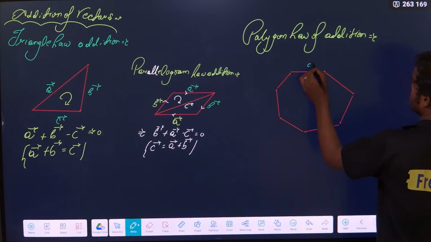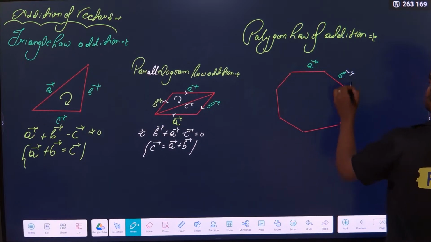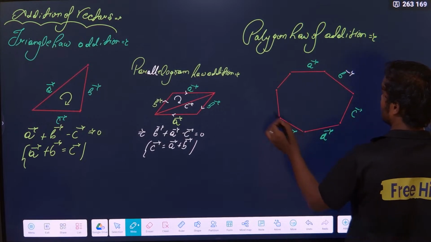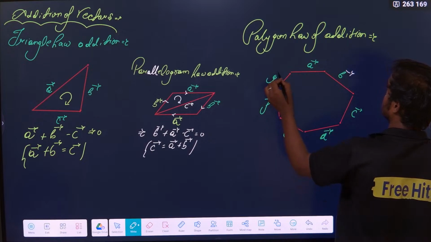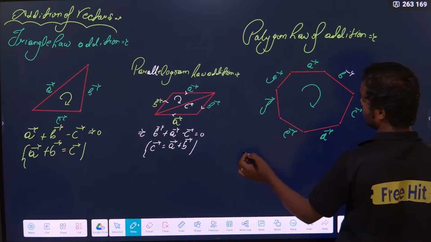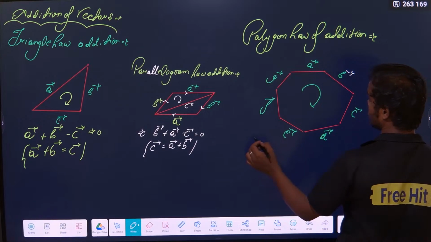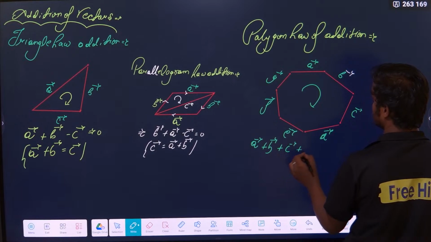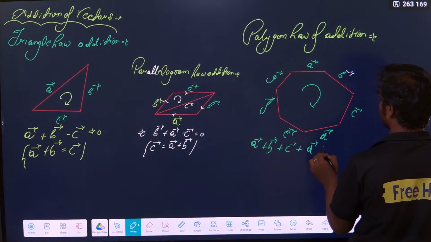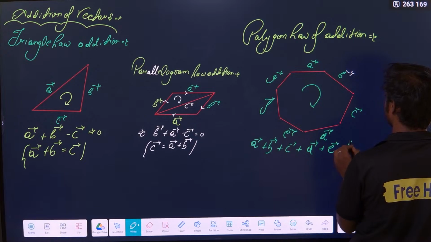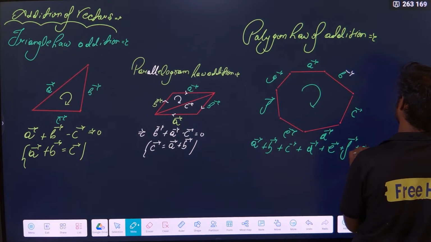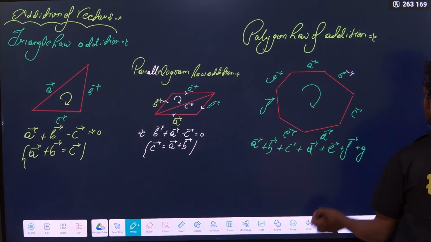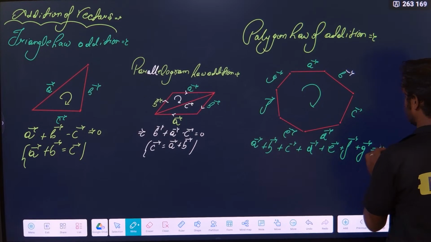And suppose this is vector A, this is vector B, this is vector C, this is vector D, this is vector E, this is vector F, this is vector G. If I ask you to move like this and write it, can you write it? Yes, I can simply write: vector A plus vector B plus vector C plus vector D plus vector E plus vector F plus vector G is equal to zero vector. Simple.